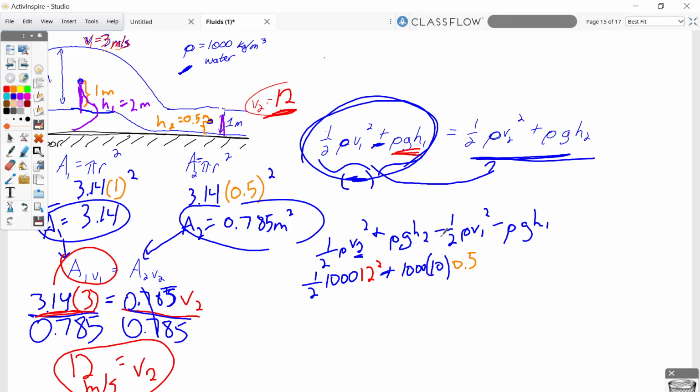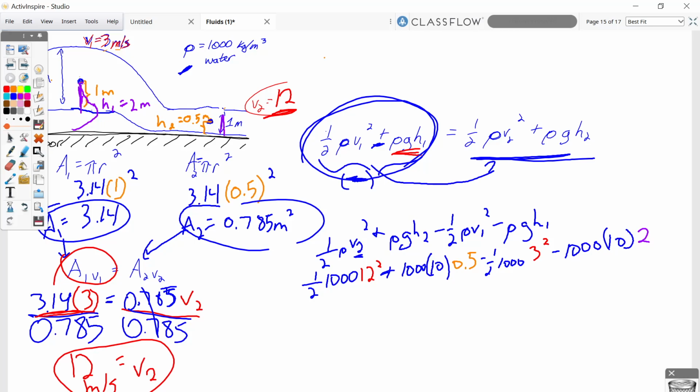Let's continue plugging in numbers. Minus 1/2 rho velocity 1. That's our velocity 1, 3. Don't forget the squared because that's part of the formula. Minus rho gravity and my h1. My h1 is the purple over here. We got the height from there to there. That was 2.